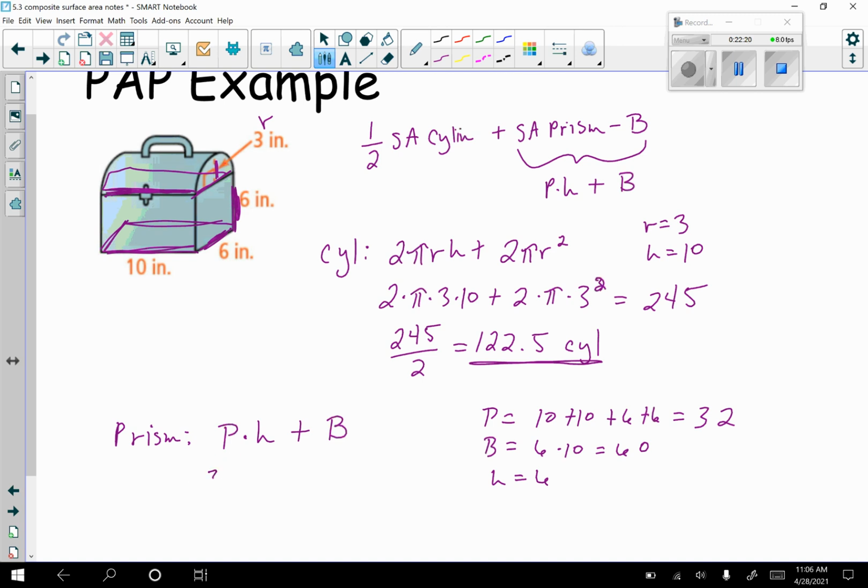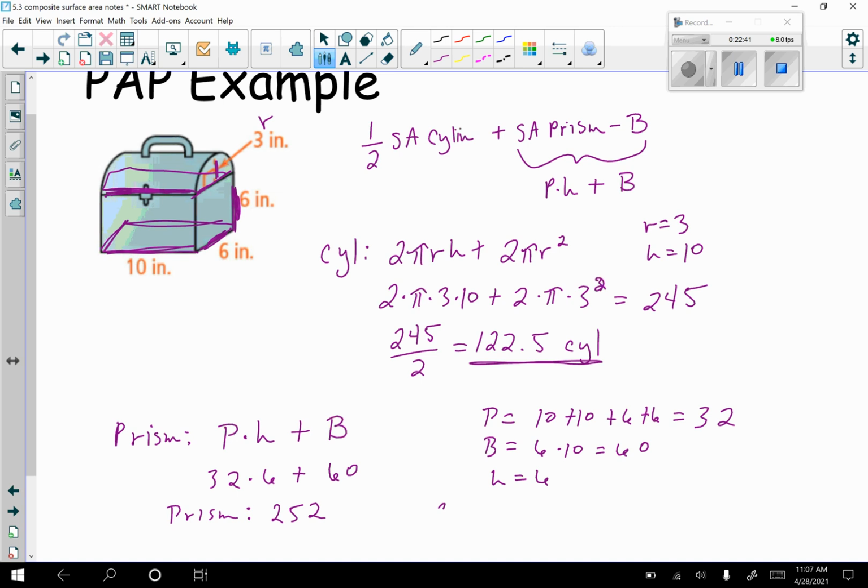So now we'll just plug in. So perimeter was 32, the height was 6, and we're only doing one base, so 60. So 32 times 6 plus 60 is going to be 252. So our prism is 252.